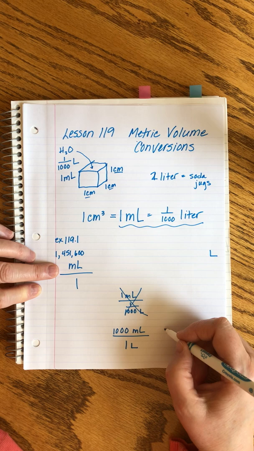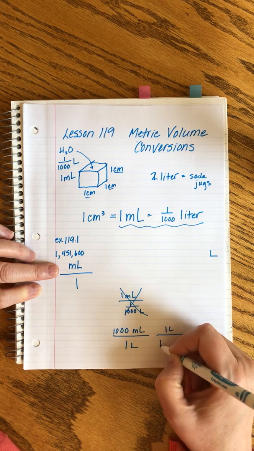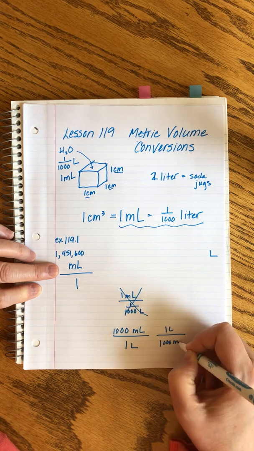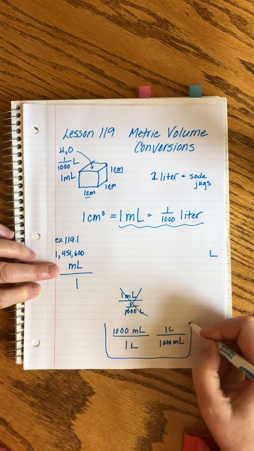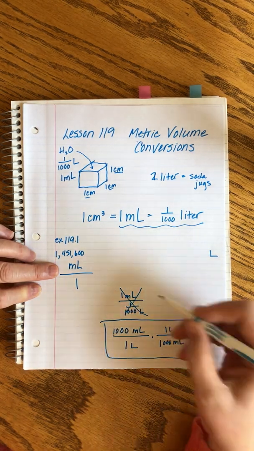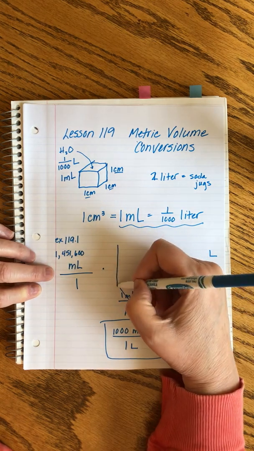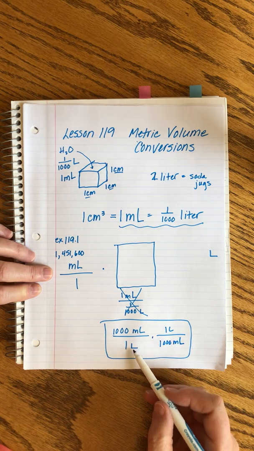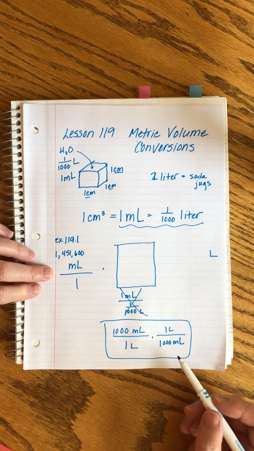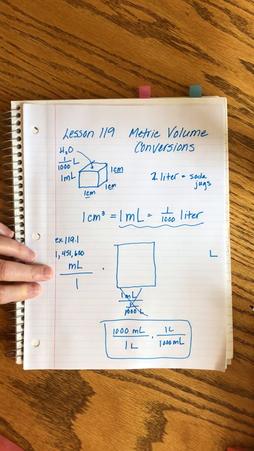And then we can write it the other way too, right? 1 liter for every 1,000 milliliters. So these are the two unit multipliers we have to choose from. We only have to use it once because it's a measure of volume, so it's got all 3 dimensions built into it.